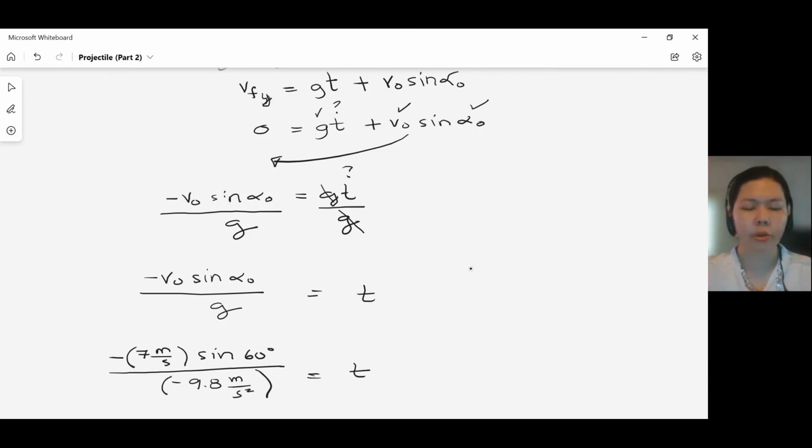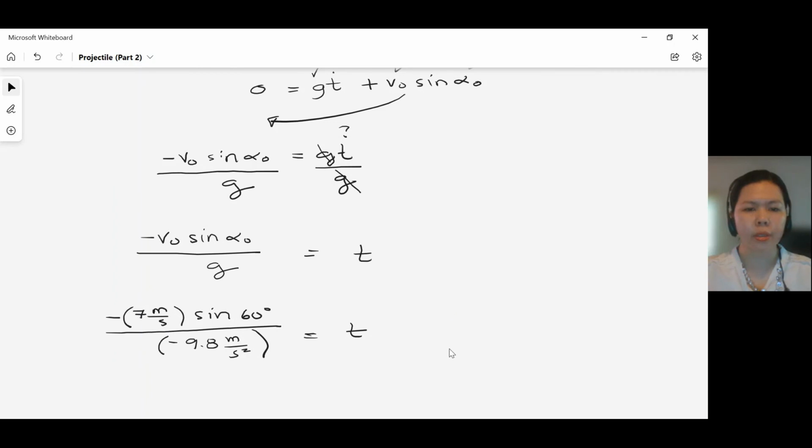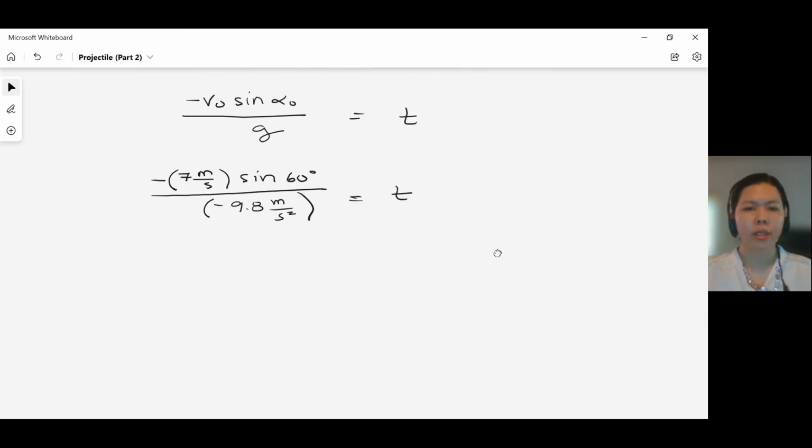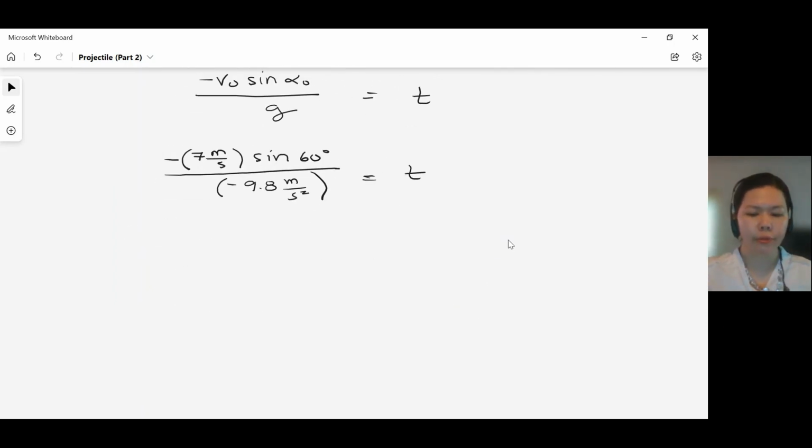Using your calculator, this is the T for the ball to reach the highest point. You should get a value of 0.62 second.